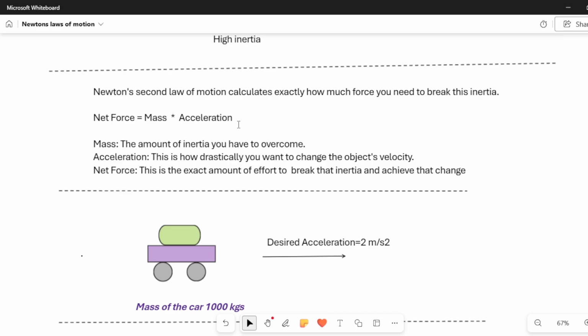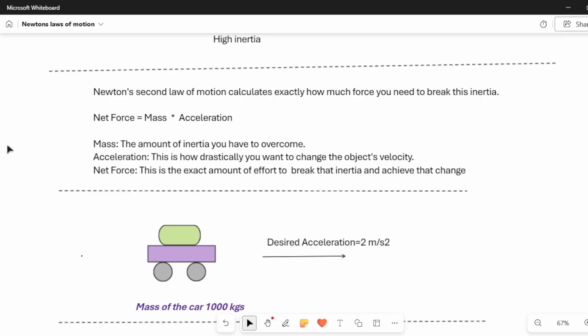Net force is equal to mass into acceleration. Mass is nothing but the amount of inertia you have to overcome, which we saw. Acceleration is how drastically you want to change the object's velocity, how fast you want to change the object's velocity. And net force is the exact amount of effort to break that inertia and achieve that change.